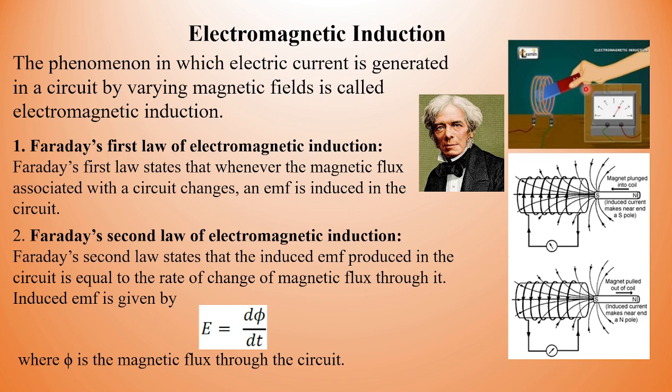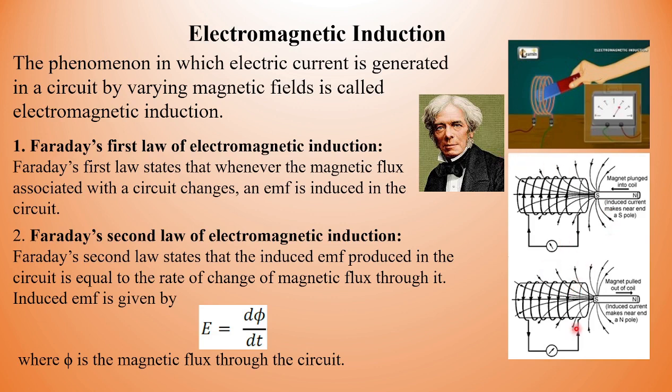The direction of the current depends on the direction in which the magnetic field lines are changing. When we insert the magnet, the current is produced in one direction, and when we take out the magnet, the current is produced in the opposite direction. This is the experiment of Michael Faraday.